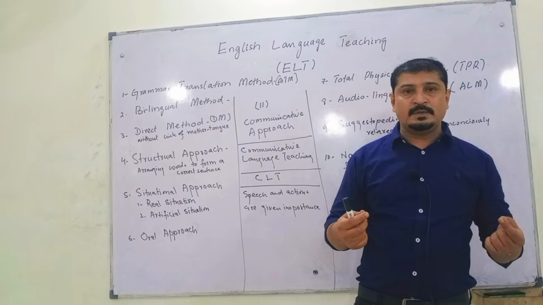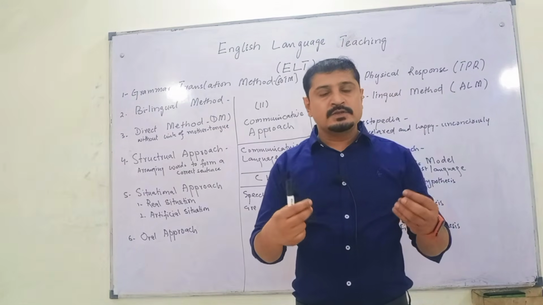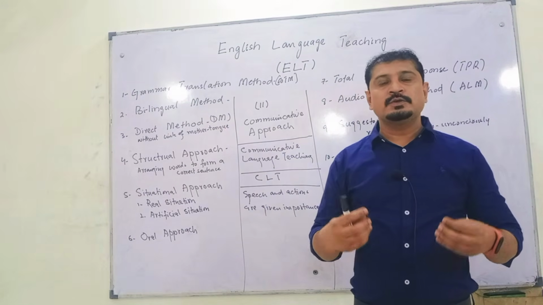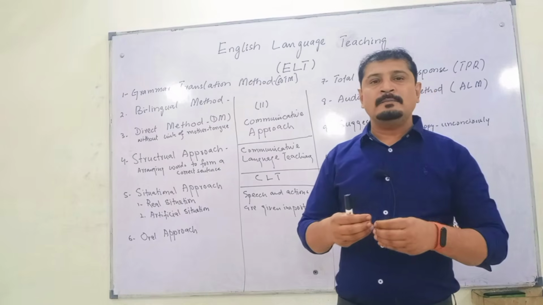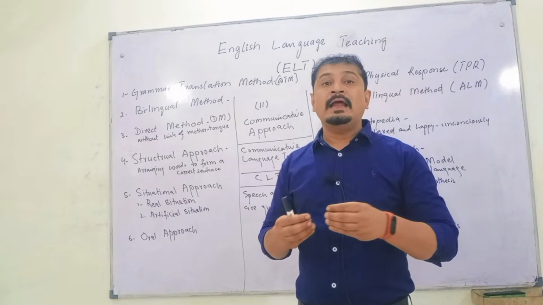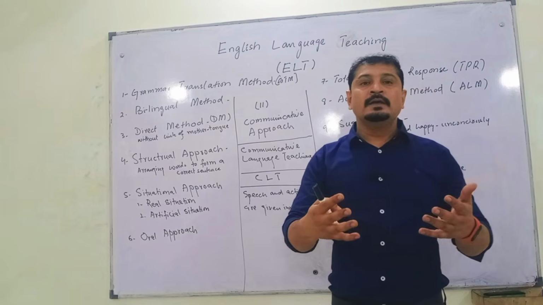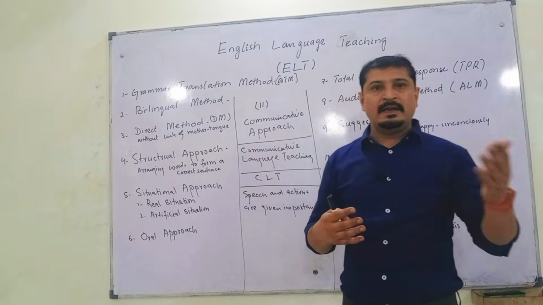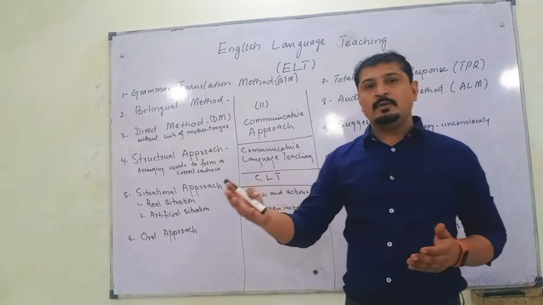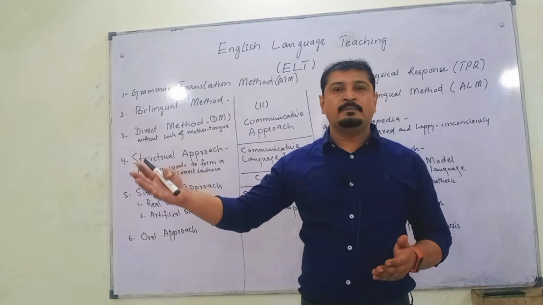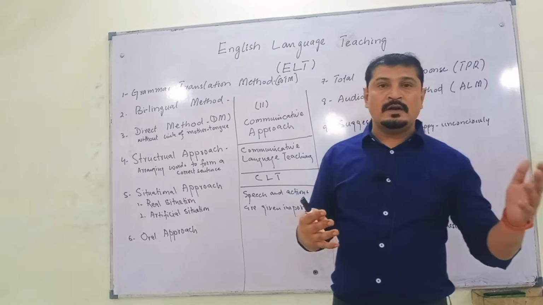And sometimes it is an artificial situation. By artificial situation I mean involving students in certain situations where you give them a role to play and use the language. For example, if I ask the students that today you are a teacher and somebody becomes a student, sometimes you may call a student to become a police officer and there is one robber.